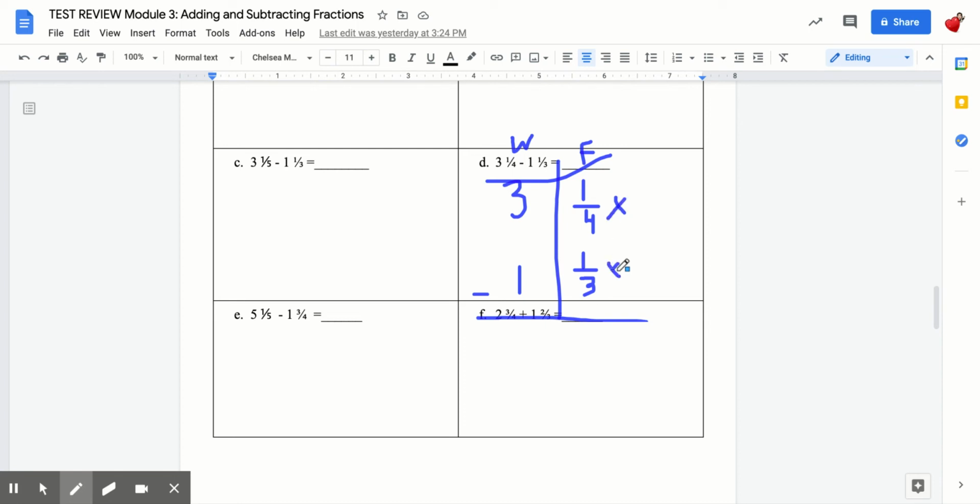Well, fourths and thirds, we need like units. And we've been working with these so much. Off the top of my head, I know that 12ths are our best units.